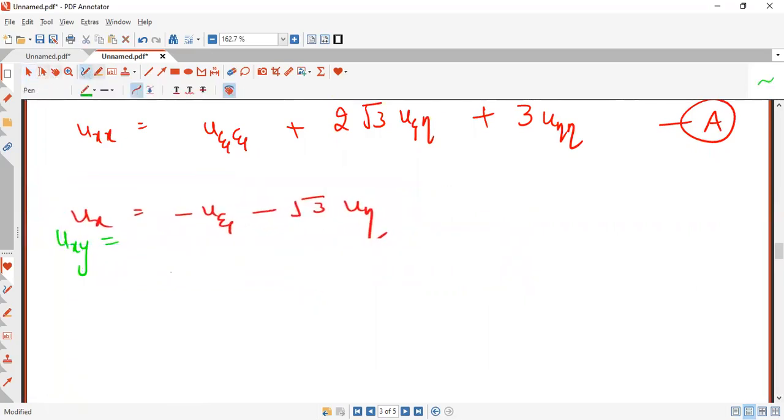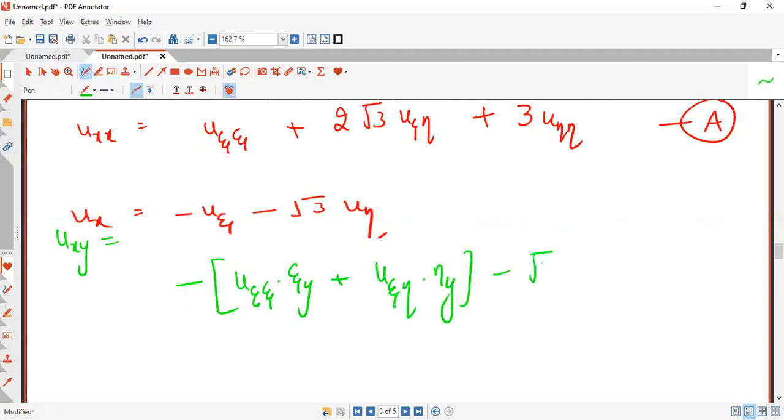Ux was this, right? So uxy will become, you have to differentiate with respect to y, right? U xi y plus u xi eta y minus root 3 u eta y plus u eta xi.